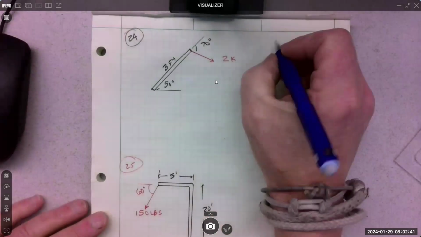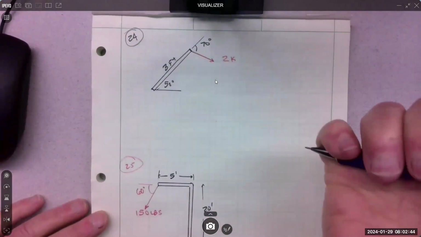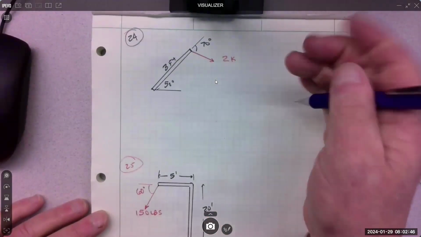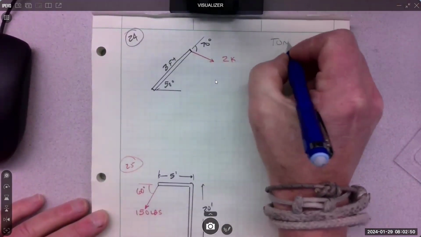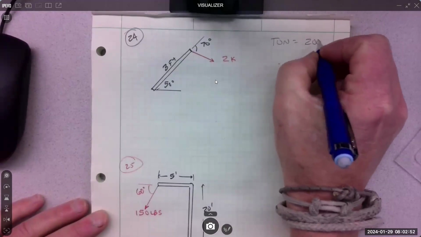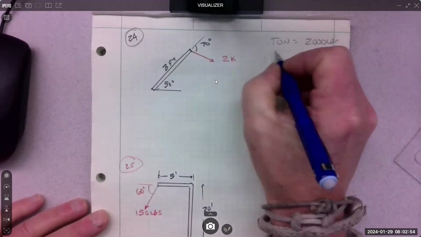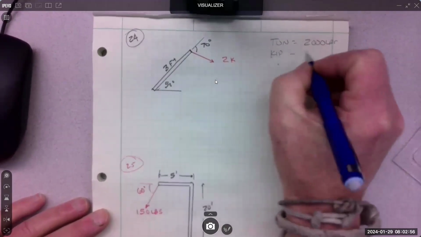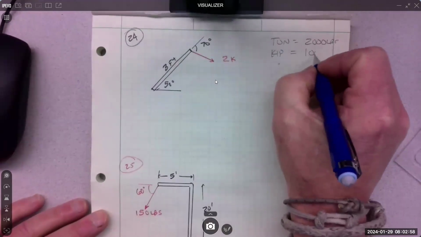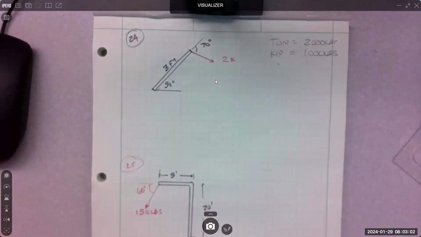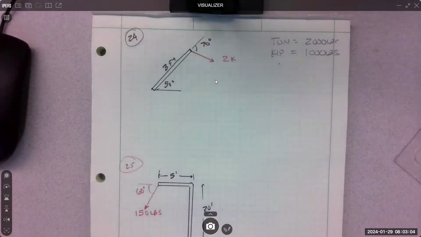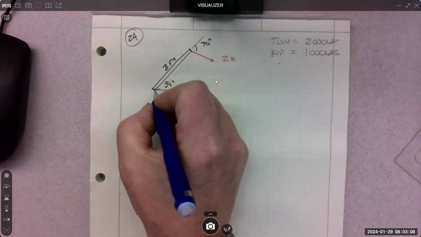So a ton, most of us know that one. A ton is 2,000. A kip is 1,000. And we really just use it to make big numbers smaller. That's it. So it didn't tell us how to do this one.